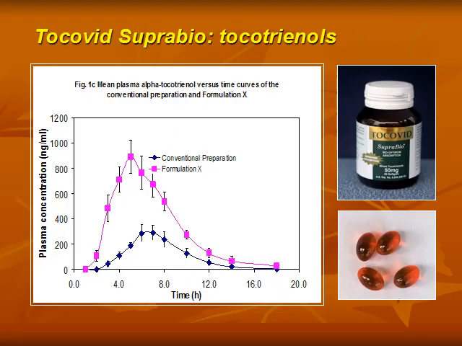This is one example of a bioequivalence study that has been applied to a nutraceutical, tocotrienol, vitamin E. This is the conventional preparation, and this is the generic formulation X. We found out that formulation X, which is a generic, performed better, with higher bioavailability than the conventional preparation.